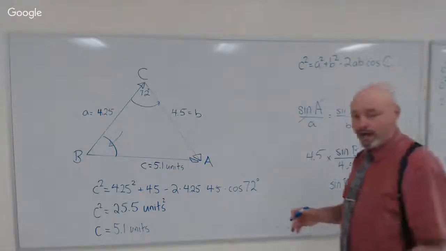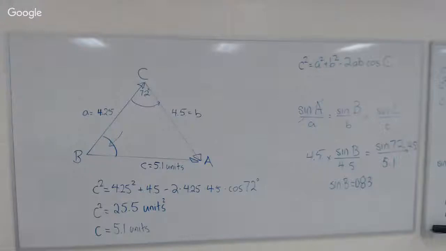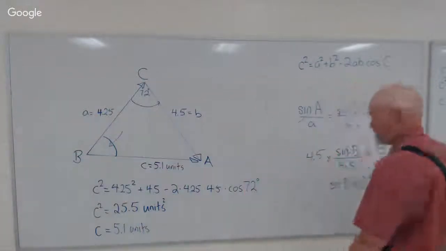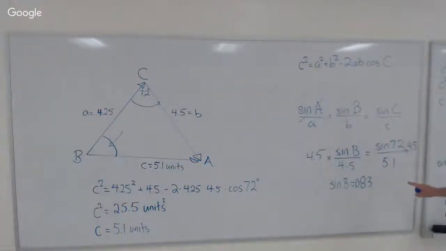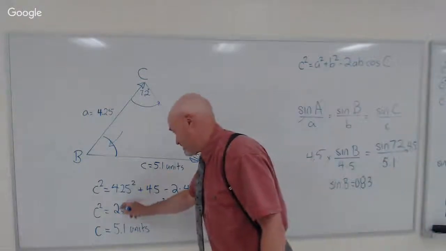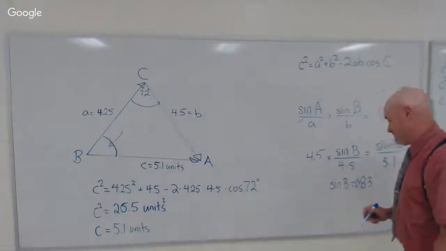To find out what angle B is, I use the inverse sine. Oh, do I have a mistake here? Yeah, that one's 25.5, and that one's 26.5. Oh, okay. Apparently I made a mistake. There you go. Technical people have told me this is 26.5.